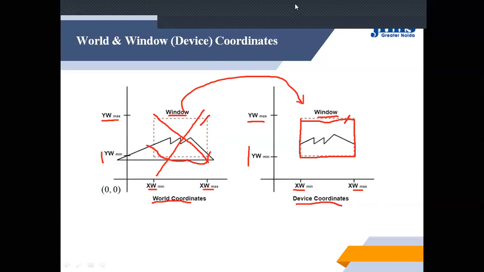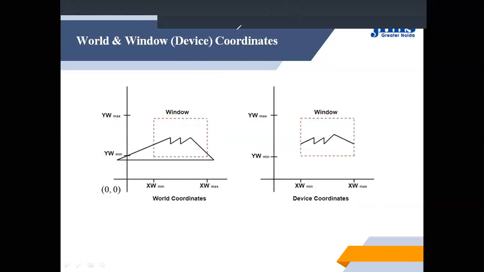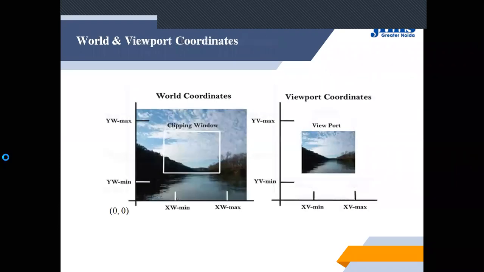Now it will be more clear from the next slide, because I drew a picture over there. So from here you can see this is a world coordinate, this is the background, the complete background of an image. But I am interested not in all the image, only this part.